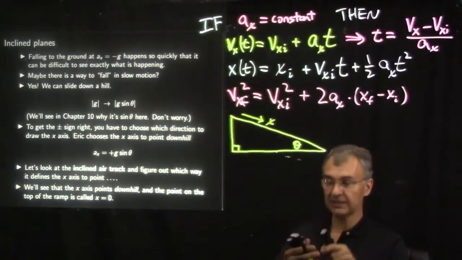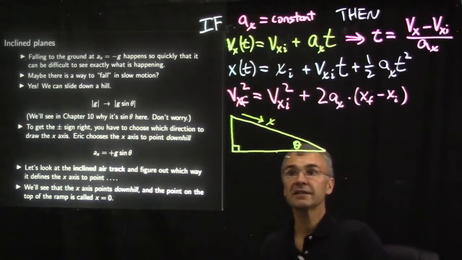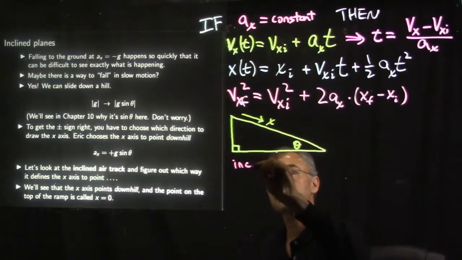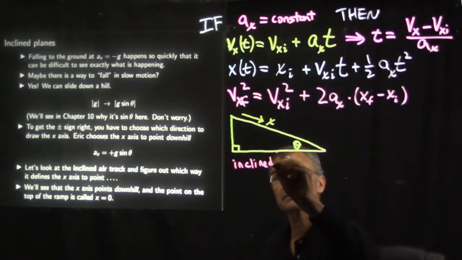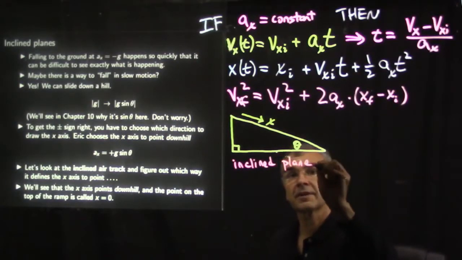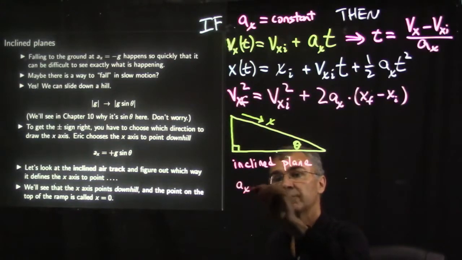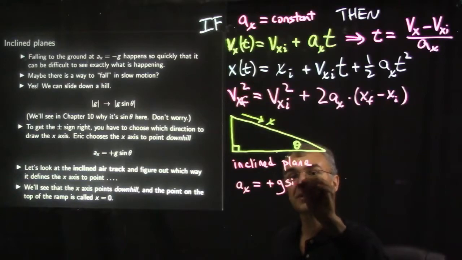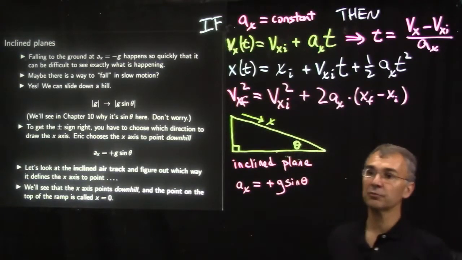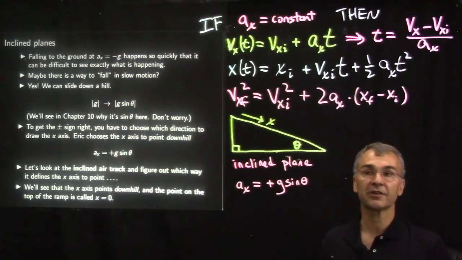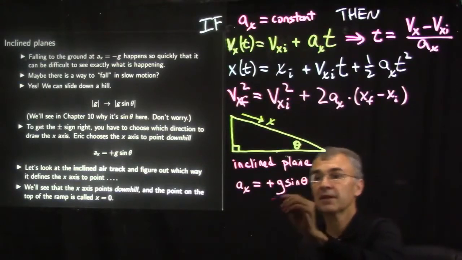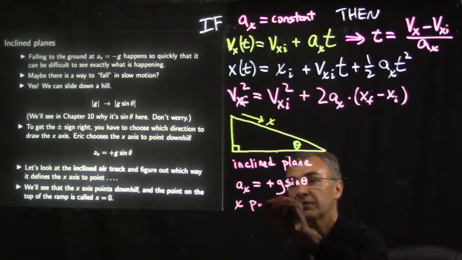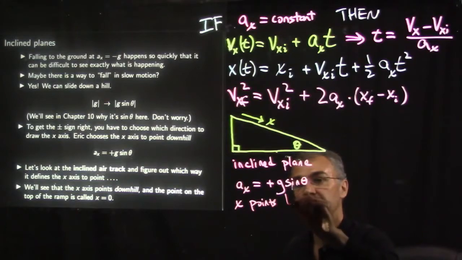So on an inclined plane, we have a sub x equals plus g sine theta. It makes sense that it's plus because the object is going to accelerate downhill, and x points downhill.